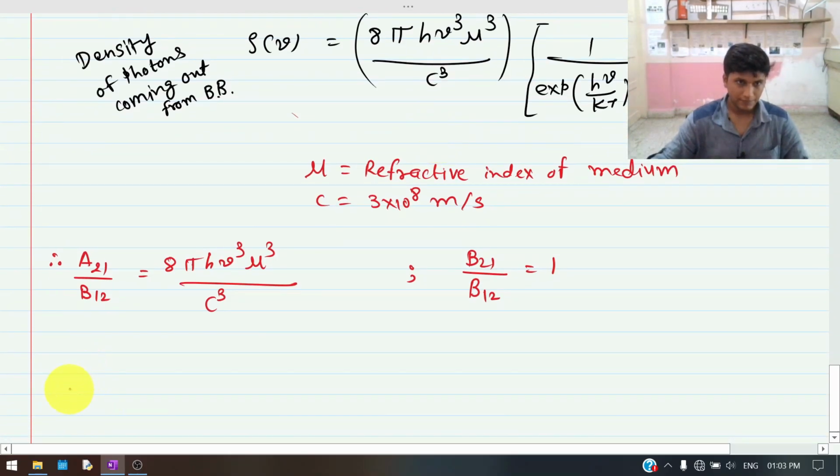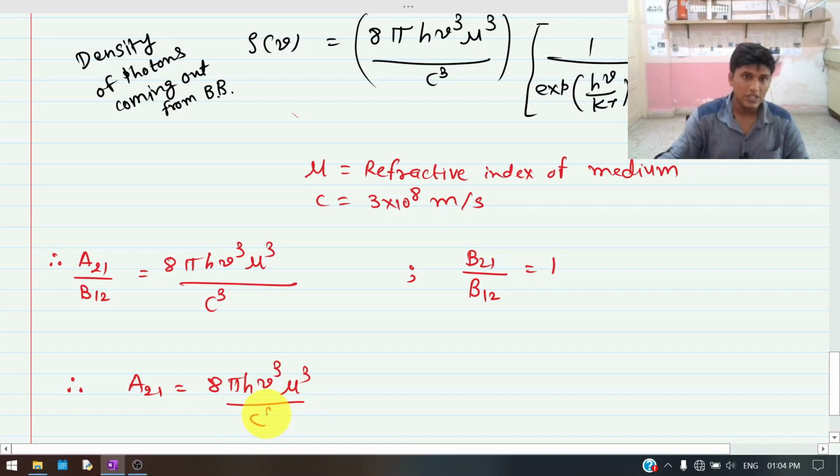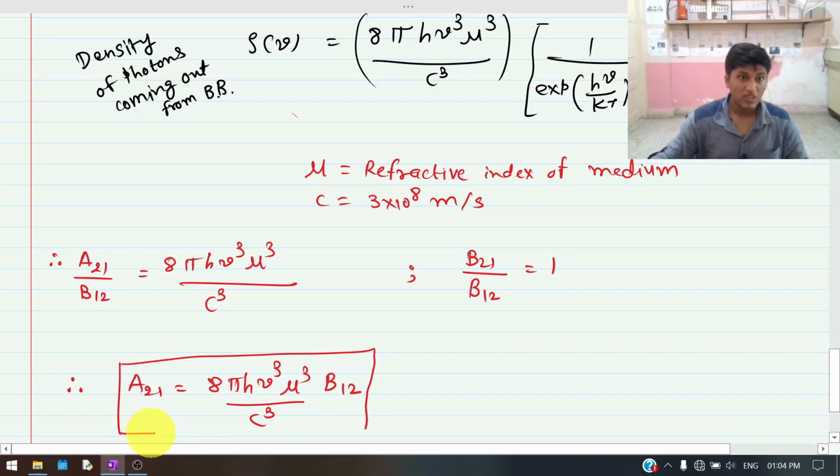Therefore A21 is equal to 8 pi h mu cube over c cube times B12, and B12 is equal to B21.